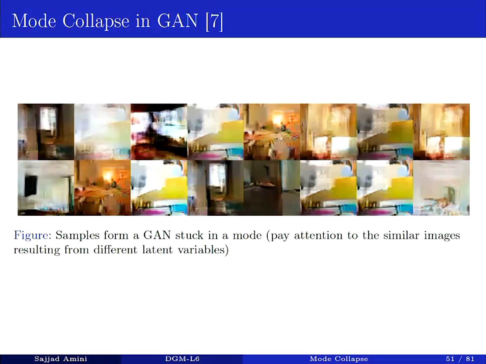But we know that if we have an optimal discriminator, the discriminator with enough capacity, then you have JSD of P data and P theta. And what does it mean?